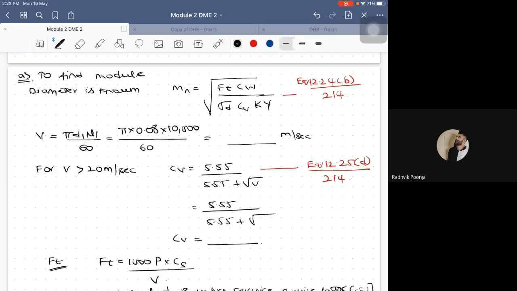Now calculate V. On the basis of V, you can calculate the value of CV. What is the value of V? 41.88. 41 something, right? 41.88.